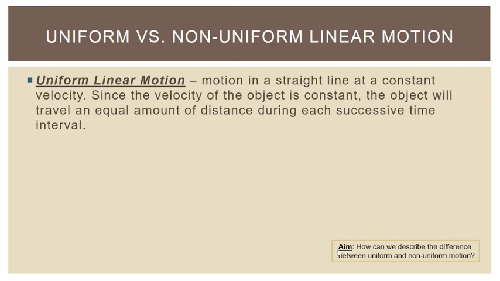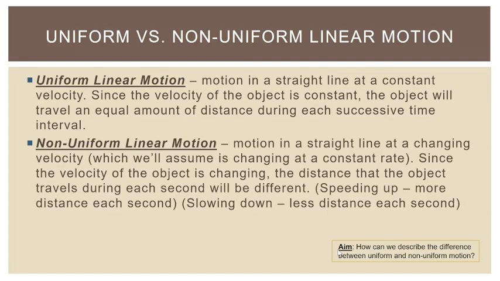Since the velocity of the object is constant, of course, the object will travel an equal amount of distance during each successive time interval. That's what constant velocity motion means, right? If it's going X meters per second, like let's say 5 meters per second, that means every second it's going the same 5 meters. Simple.